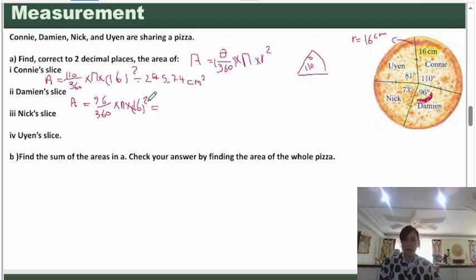If I calculate this amount, I will get 214.2, and two decimal places after the decimal point would be 47 centimeters squared.